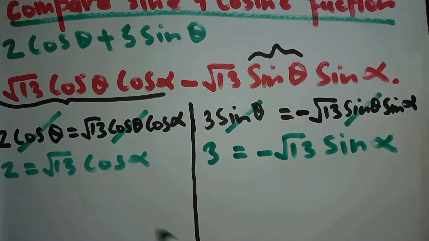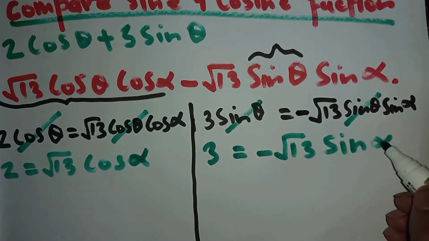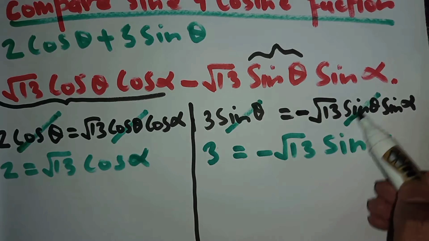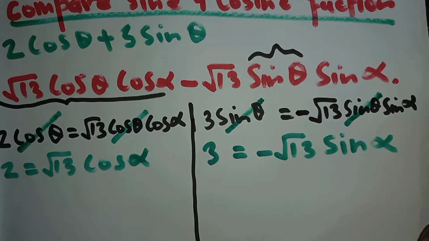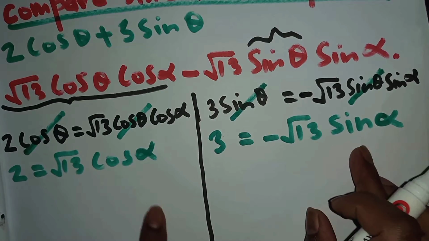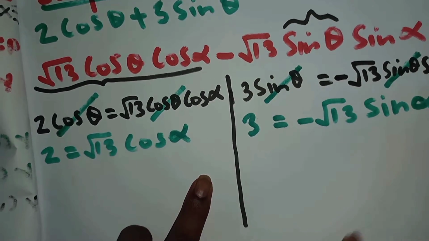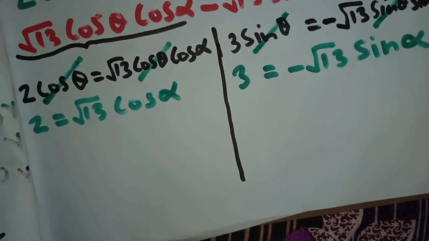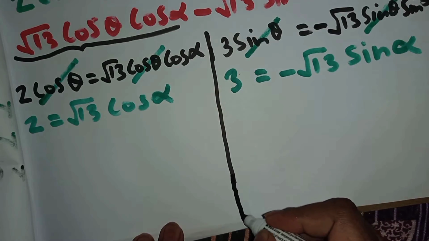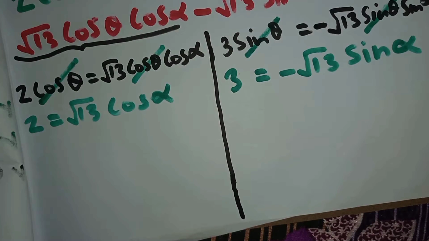And earlier on I have said that we will be finding the value of alpha, right? So you can see the theta cancels out here and here as well, right? So we will be finding this alpha. So notice we have alpha at 2 places, one with the cos function and one with the sine function, right? So let's check where exactly our alpha falls. Now this is the most crucial step, and many a times students make mistakes here, right?